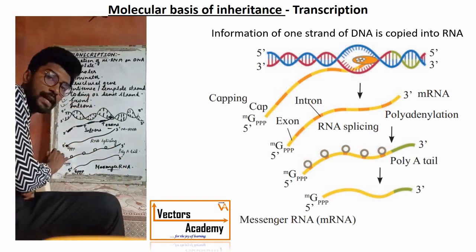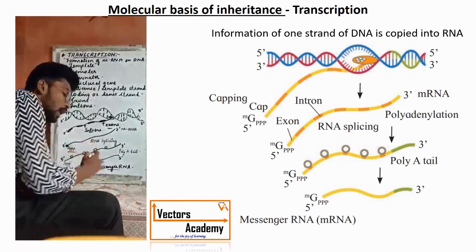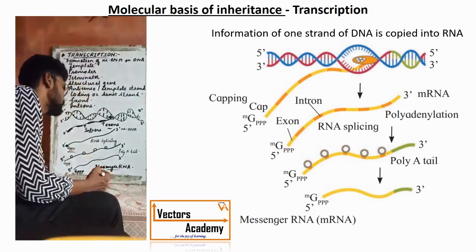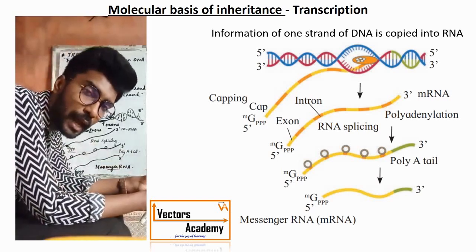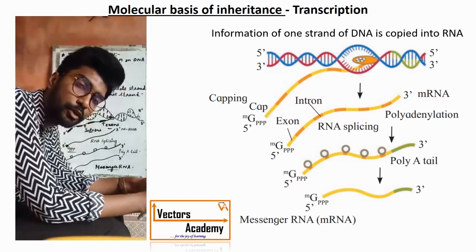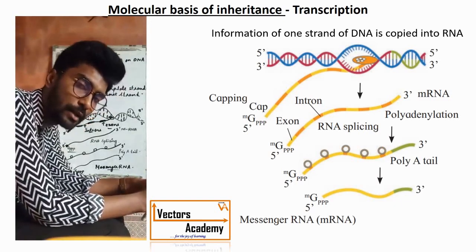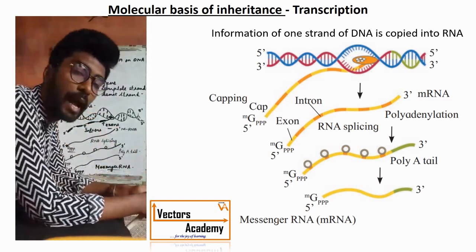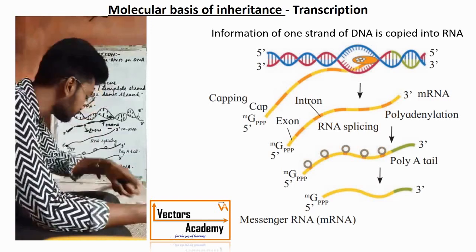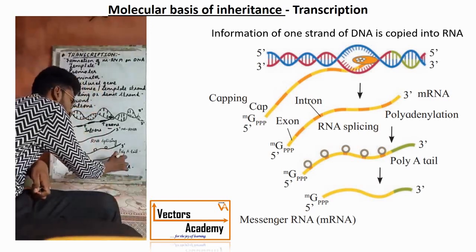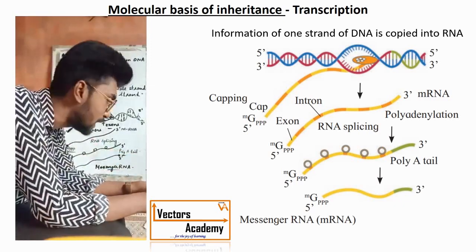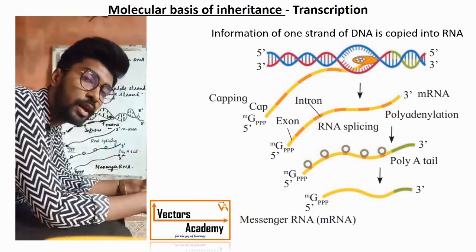So at this 5' end there is the addition of the unusual nucleotide methylguanosine triphosphate, and that process is called capping. And the last step is called tailing. The addition of adenylate residues at the 3' end is generally called tailing.